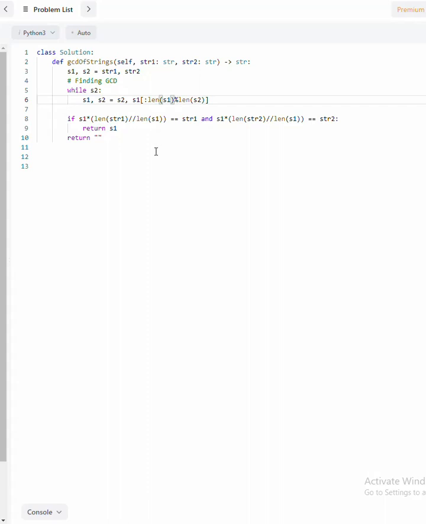If we see example 2, let's see what example 2 is. Wait one minute, here see this. Example 2 is str1 as AB, again AB, again AB.